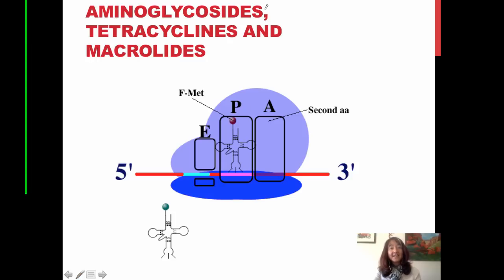The aminoglycosides target the 30S ribosomal subunit, and they actually cause mistranslation. So by binding at the small ribosomal subunit, they tend to cause a problem with the tRNA and its accurate binding with the codon, and therefore this leads to mistranslation.